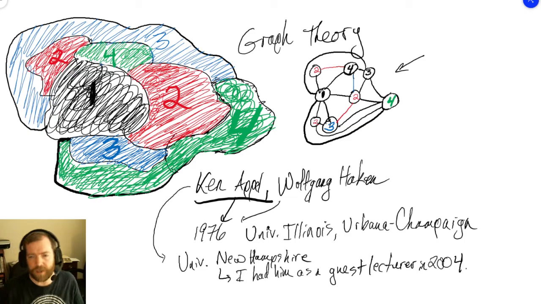Then he was called back in by Professor Grinberg, who was our actual instructor for that course, and Dr. Appel was asked to come in for a single lecture to specifically talk about the four-color theorem.